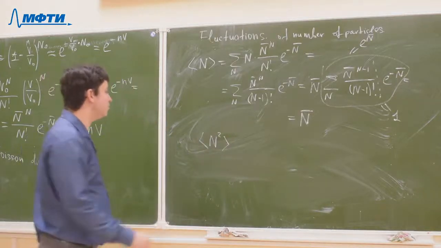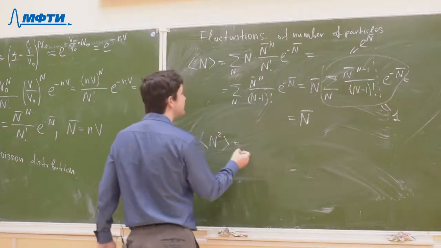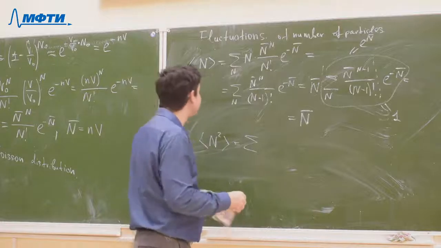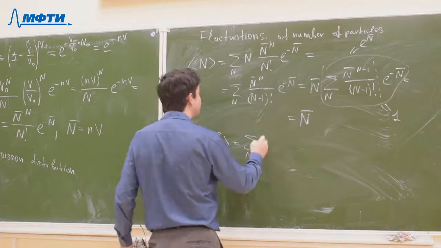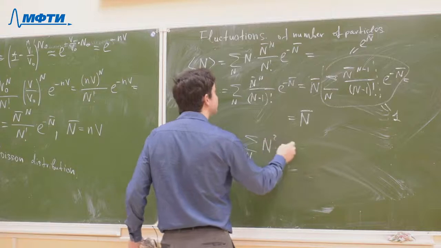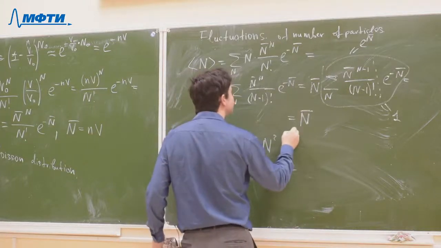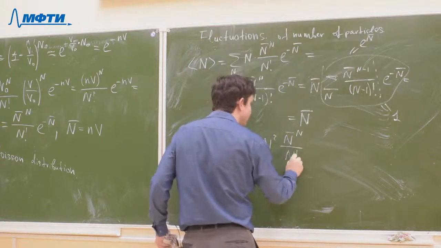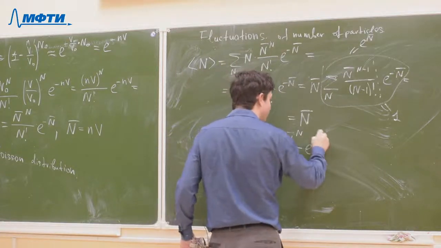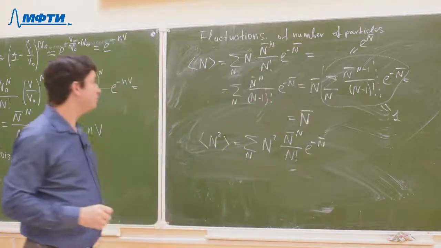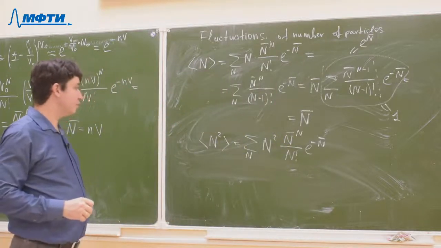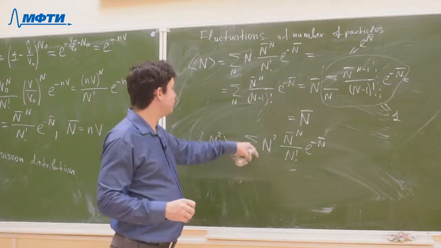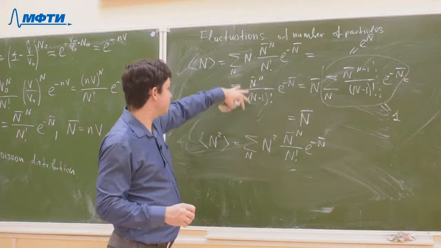Now let's calculate the mean value of the squared number of particles. It's slightly different. Okay, let's see what happens here. First of all, we do the stuff which we have done here.